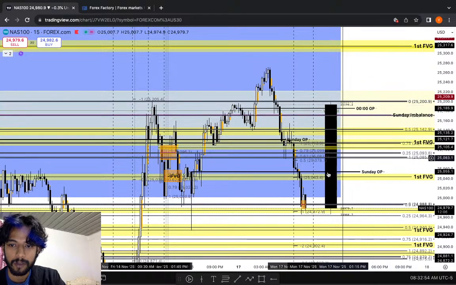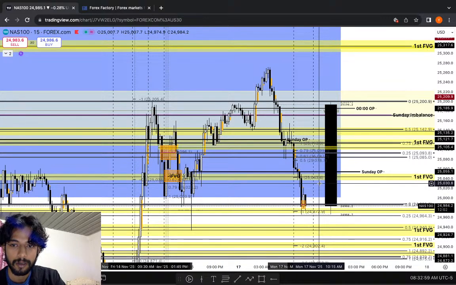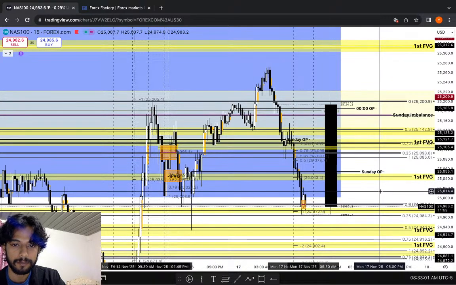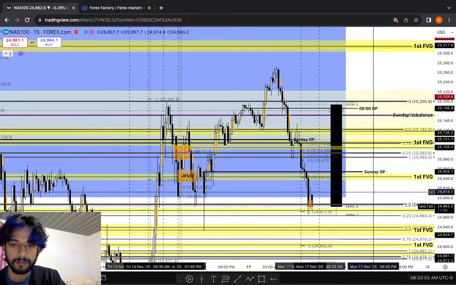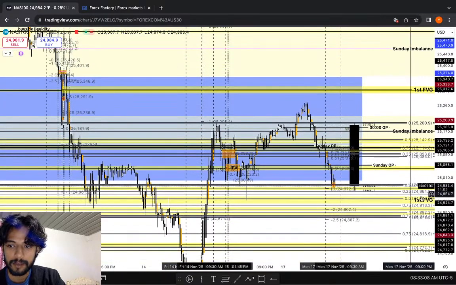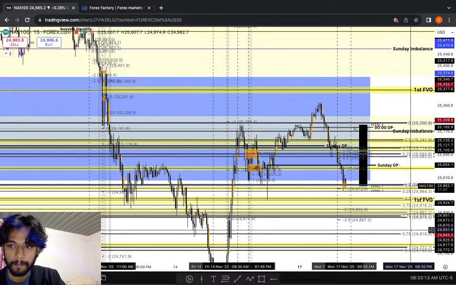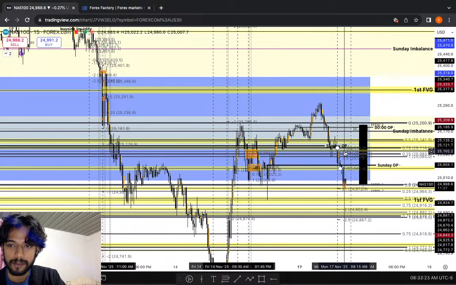So we are trading below the midnight, below the Sunday's opening for this week. And these lines right here are the peaks from the daily and weekly. I'm looking at those as well. This is the previous week Sunday's opening price right there.